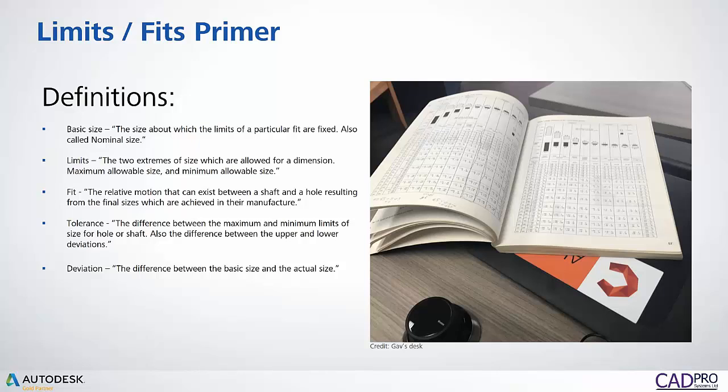The tolerance is the difference between those maximum and minimum limits. So when I talked about the plus or minus 0.1 of a millimeter, that's really a 0.2 tolerance on the hole centered around the nominal. And then the deviation is the difference between that nominal size or the basic size and what we actually end up with off the machine.